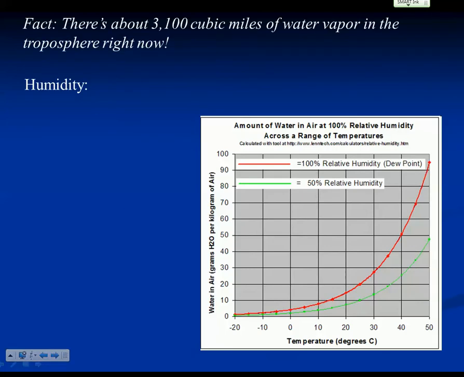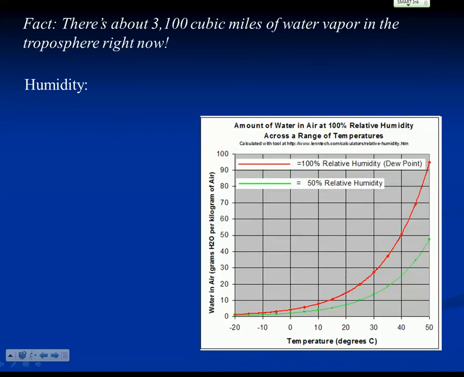There's a lot of water vapor in the atmosphere right now. This number here I pulled off of, I think it was the NOAA website. 3,100 cubic miles seems like a lot, but that's what they said. How many cubic miles of water vapor in the troposphere right now?